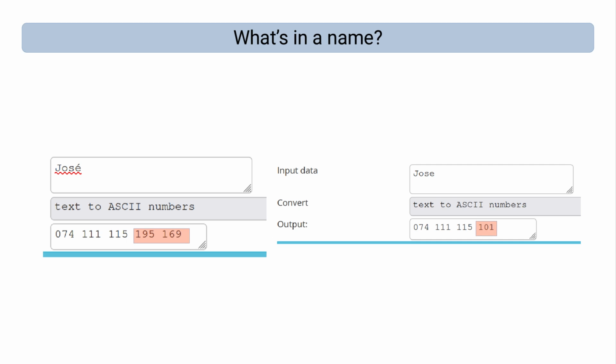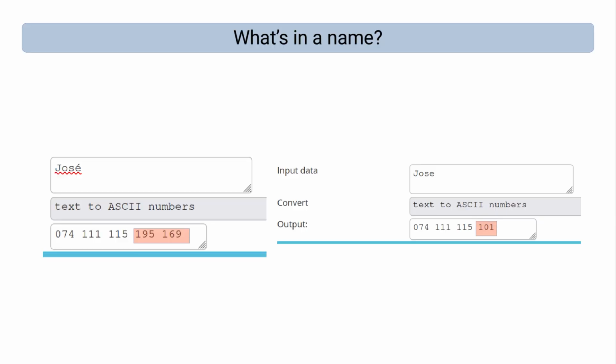So in this example, you can see José with an accent over the E, and then Jose with no accent. It gives you very different numbers for that E because the one on the left side is actually using the Unicode standard for that E with the accent versus on the right side, it's just using the regular E.